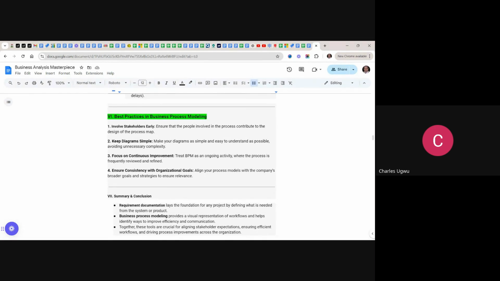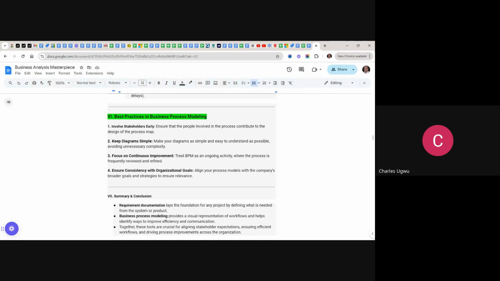They don't call it business, but they are all business analysts. Or you see some people, they call it business process analysts. They are still business analysts, but their specialization is on managing processes, refining processes, optimizing processes, improving processes. And that is what we do on a daily basis.